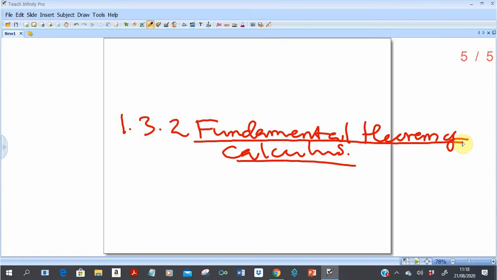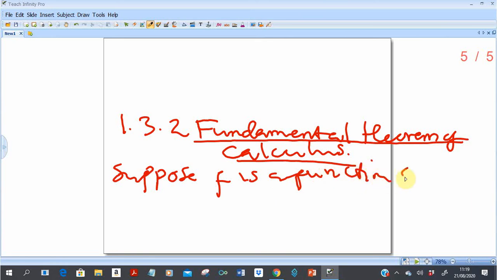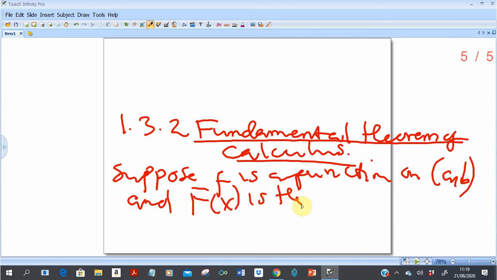Okay, so the fundamental theorem of calculus just states that, suppose f is a function on the interval a comma b, so that is a and b being our limits, and capital F is the integral of the small f.